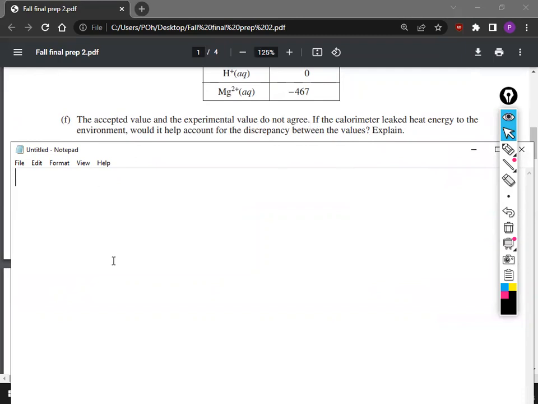Yeah. Because the reaction didn't happen in a vacuum. That's true, but why would energy leaving the system explain the numbers that we have here? Exactly, yeah. So if you notice, is the experimental value higher or lower?